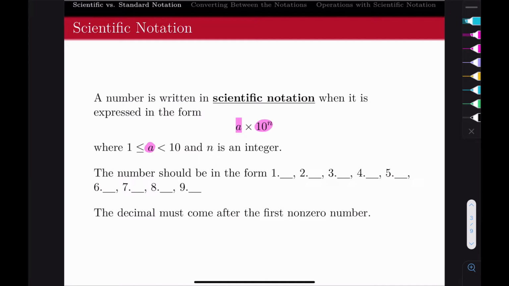Your scientific notation is always going to start with a 1, 2, 3, 4, 5, 6, 7, 8, or 9, immediately followed by a decimal point. And then the remaining numbers that come after it are the rest of the significant ones. So this is what we have to have. The decimal has to be after that first non-zero number.